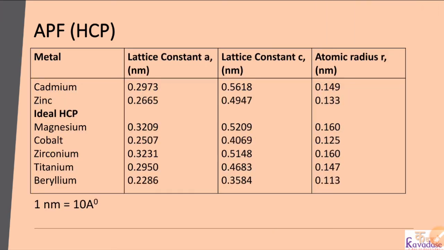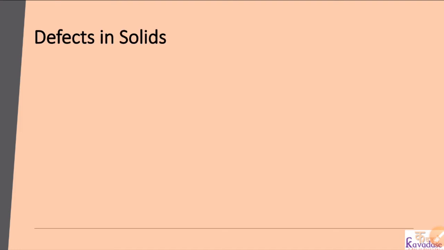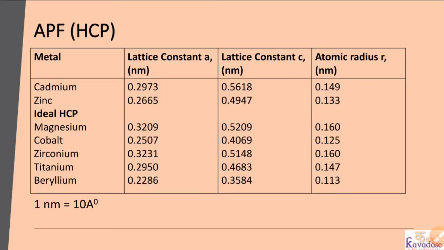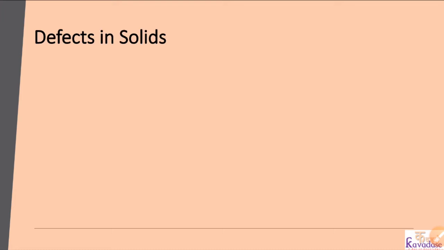These are some examples of HCP crystals: cadmium, zinc, magnesium, cobalt, zirconium, titanium and beryllium. Okay, with their lattice constant A, lattice constant C and atomic radius R, if you put these values in the APF formula, you will get 0.7574 as APF for HCP structures.